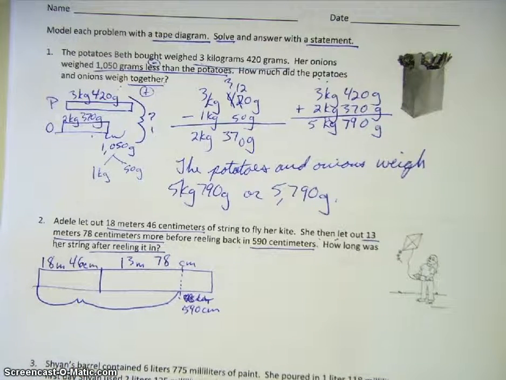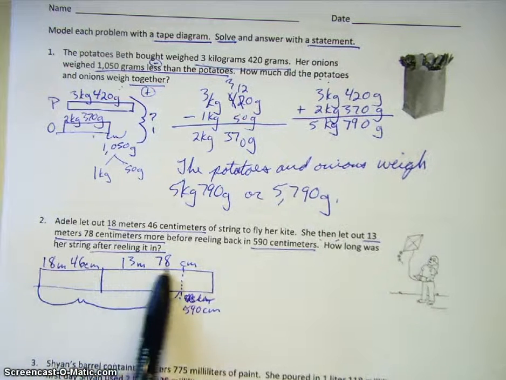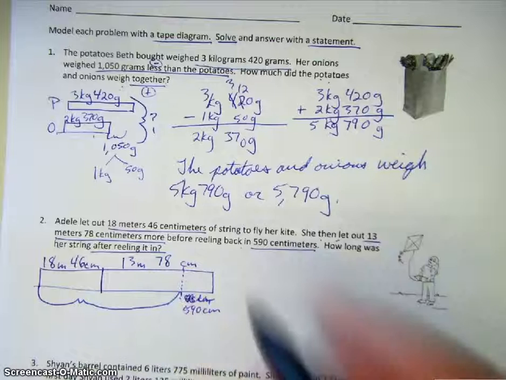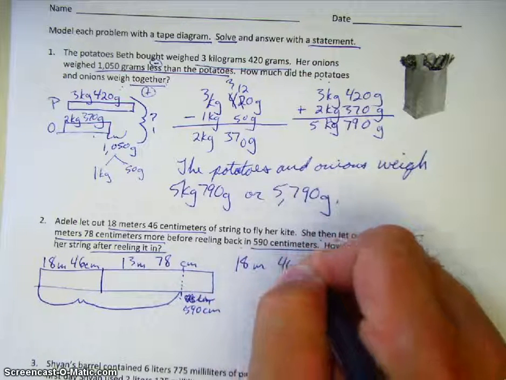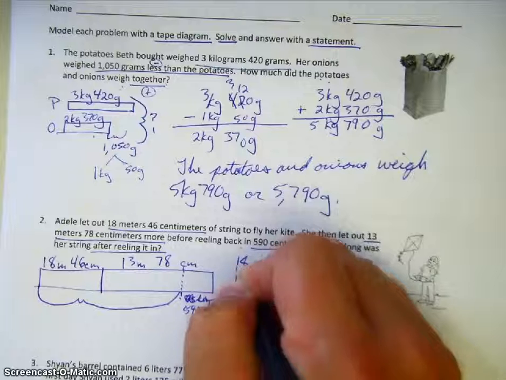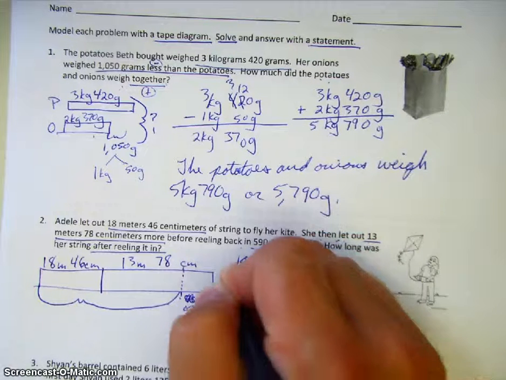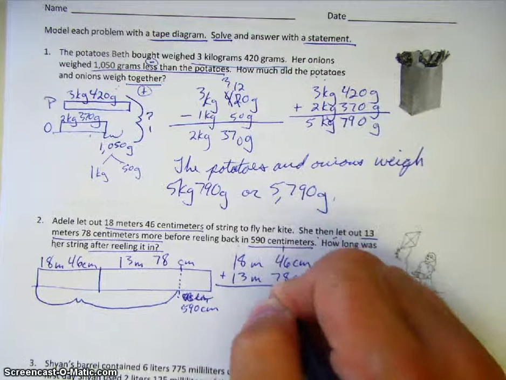Okay. So looking at our problem here, we see we first need to add our 2 total amounts to see what the total amount of string was let out. Then we need to subtract to reel some back in. So this is a 2-step problem. So we go through and add these up.